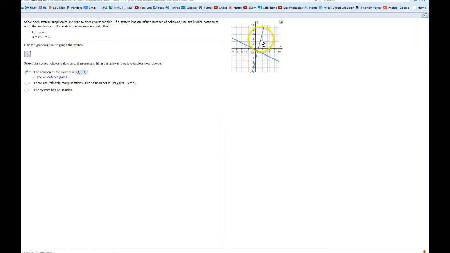Again, when you're not being able to do fractions, you might have had to use another method to graph that.